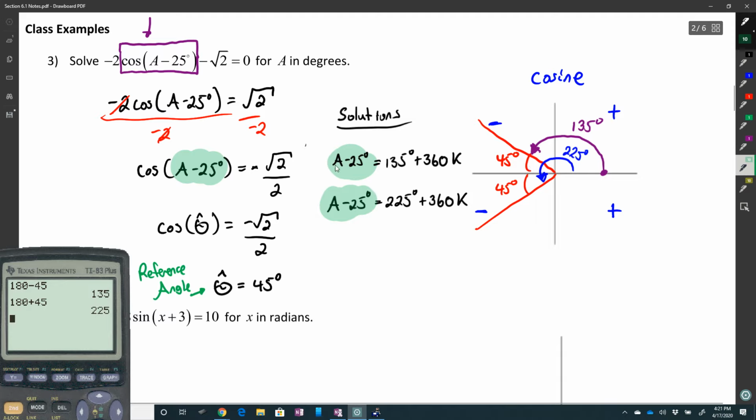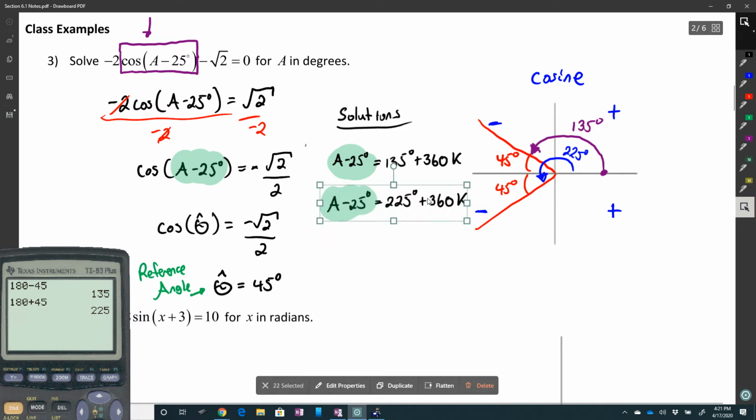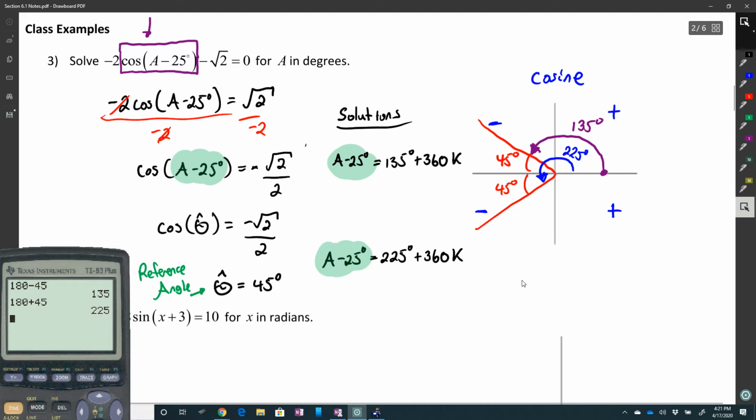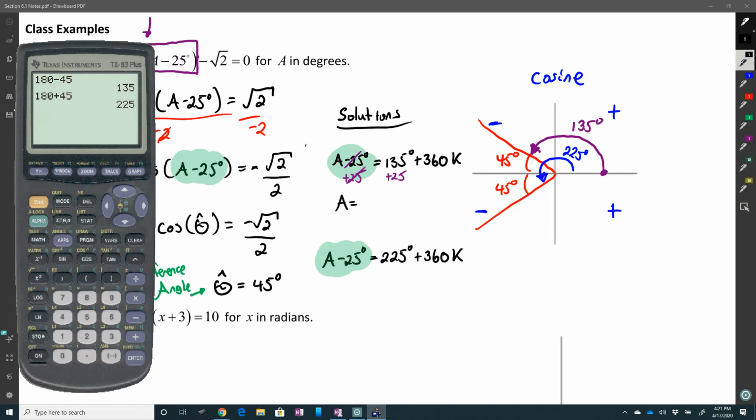So now we can just do some algebra. Let me separate these a bit. And it's the easiest algebra ever. All you do is add 25 to each side. So my value for A is 135 plus 25, which is 160.